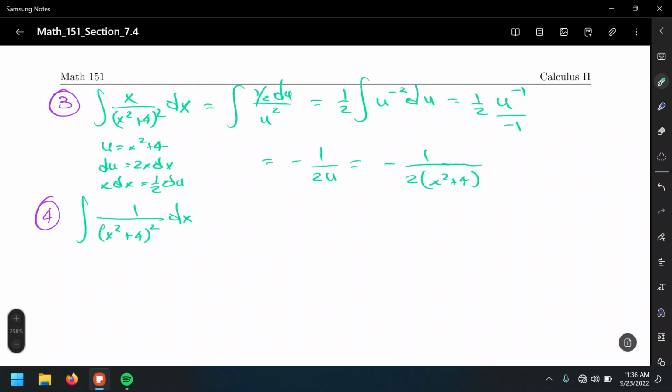But wait a minute, this integral doesn't have any radicals, so can we do this trigonometric substitution? With some magic touches here, we're going to make this look like radicals. Do we agree that the exponent 2 on x squared plus 4 is the same as 4 divided by 2? Yes?